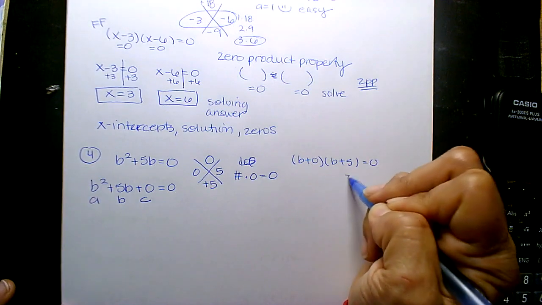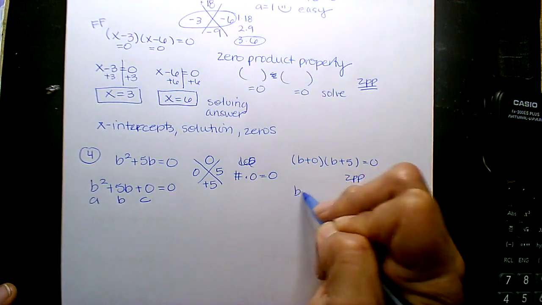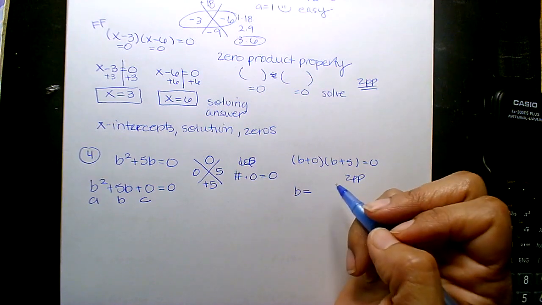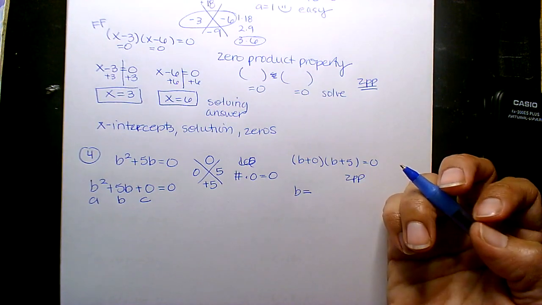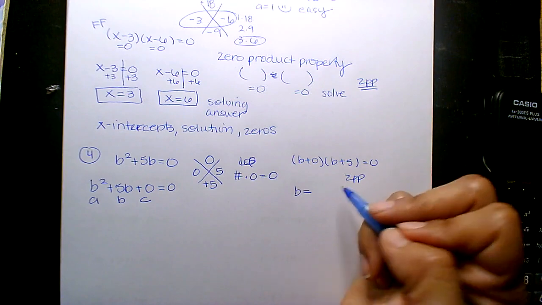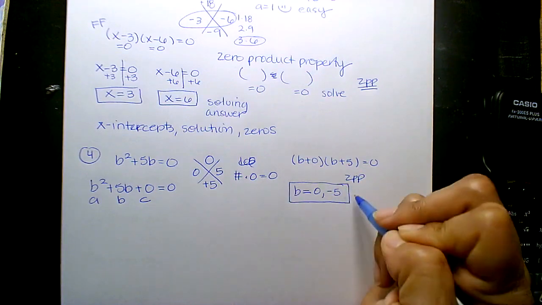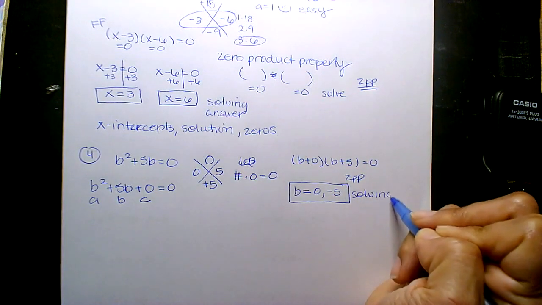I can go ahead and perform the zero product property, but what are my answers going to be if you just go opposite? By the way, 0 is always a positive number. It's never negative. 0 and negative 5. And so this would be your solving answer.